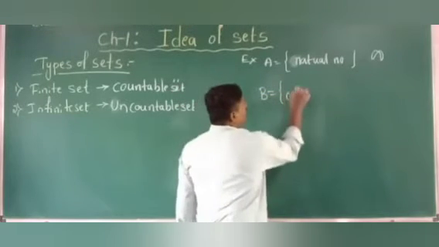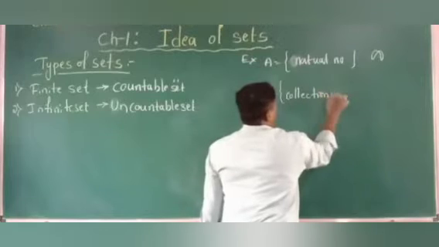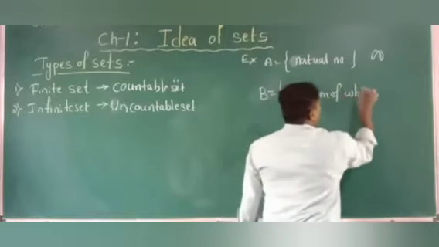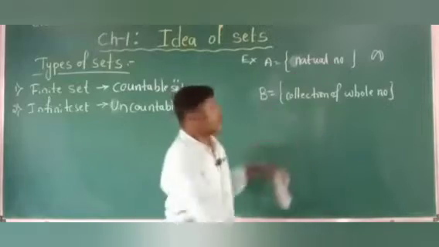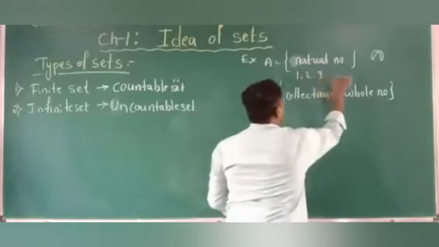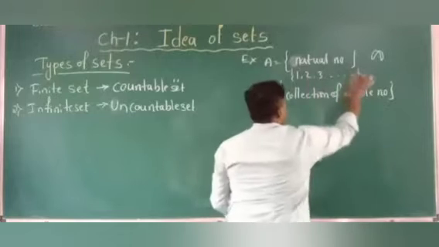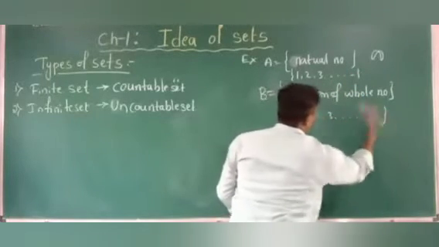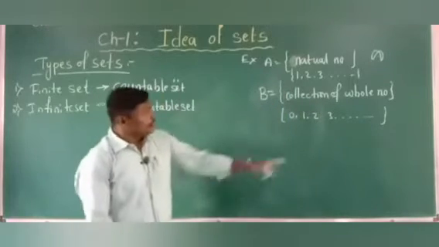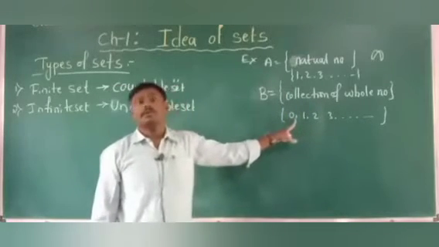Take one more example. The collection of whole numbers. Usually natural numbers start from 1, 2, 3 and so on, whereas the whole numbers start from 0, 1, 2, 3 and so on. Right? Again, these whole numbers are also uncountable.